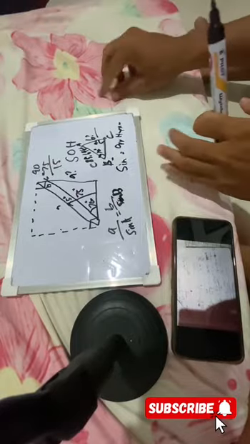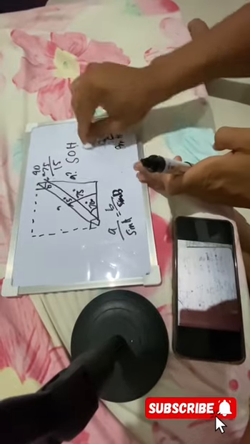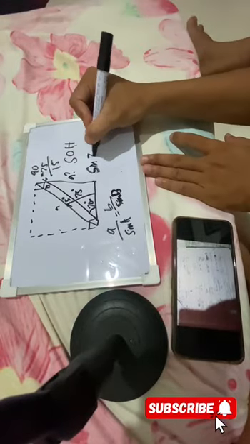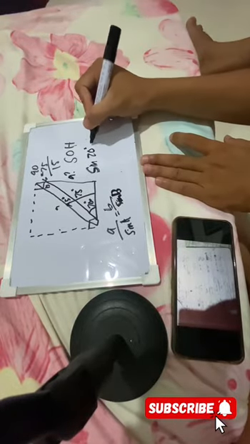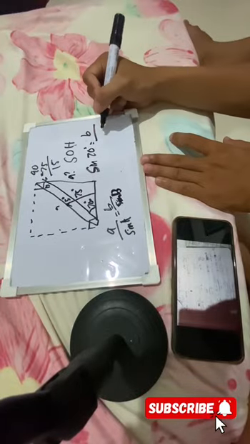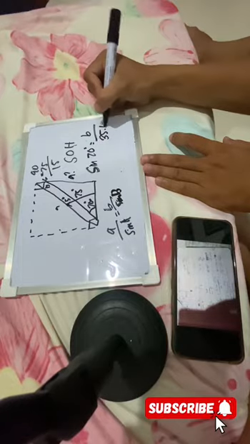So we have sine 70 degrees is equal to B over 35.64 feet.